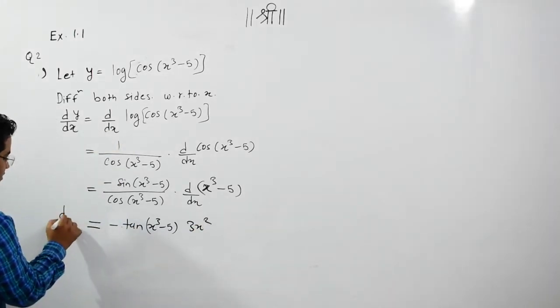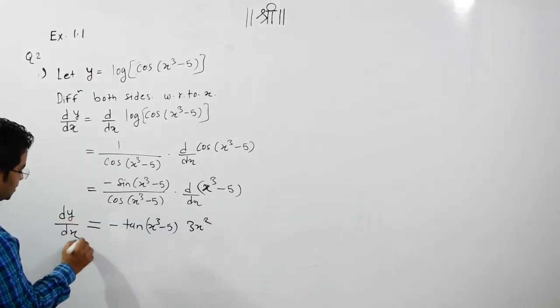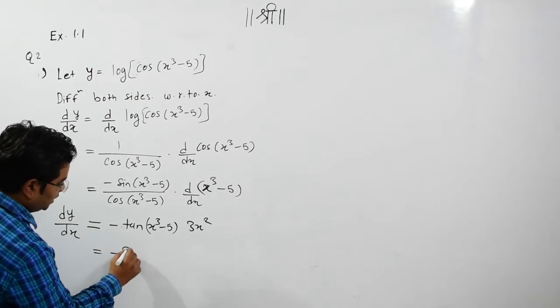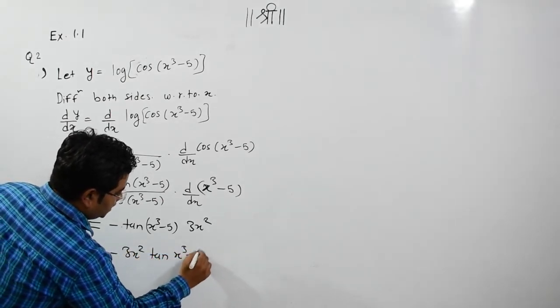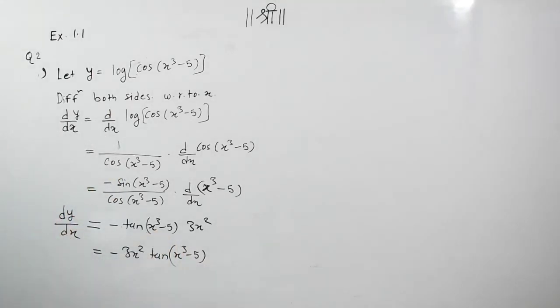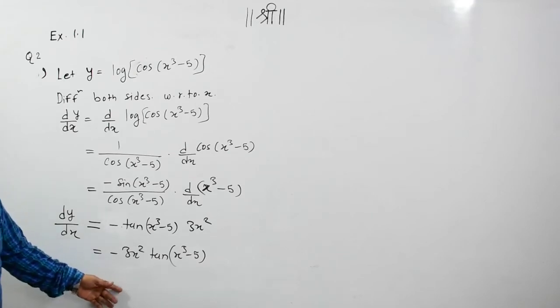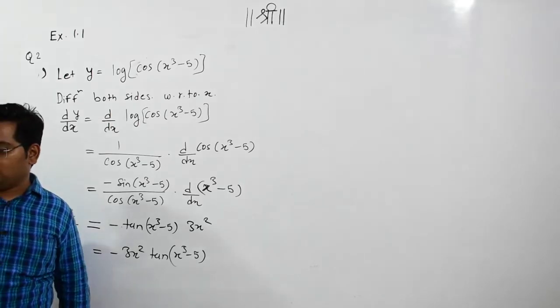Again rearranging the things, we get the answer, which is minus 3x square tan x cube minus 5. Let's check if our answer is correct or not. Yes, it is correct.